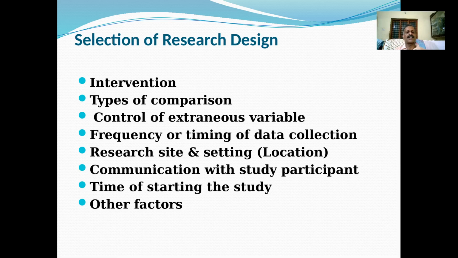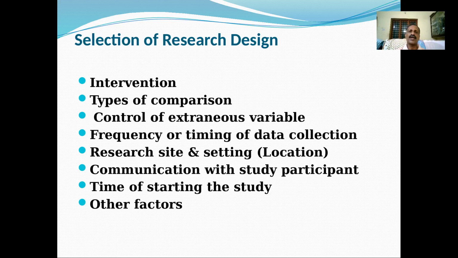So that's our setting. So the research site is the overall location, and setting is a specific area from where we are actually collecting our data. So based on the research site and the setting, our research design will vary.